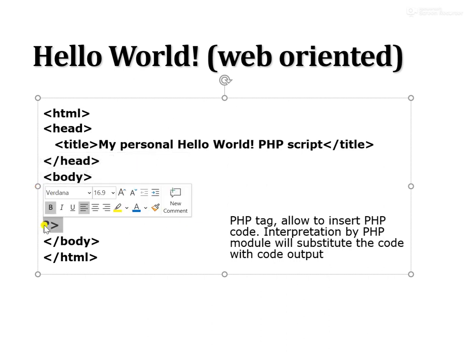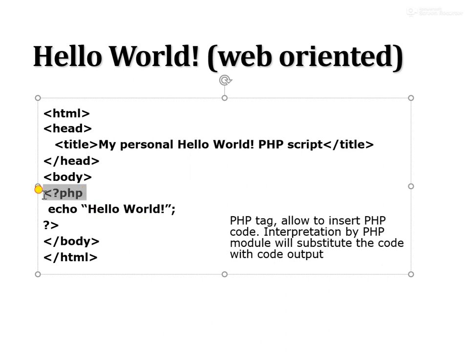As I told you, we can add PHP code in our HTML file through this opening and closing PHP tag. This is the standard opening and closing PHP tag, and then we write here echo and one string. Anything inside double quotation marks is called a string. Hello world, like you know in C++ we write cout hello world. How do we print anything on the screen using PHP? We use echo.